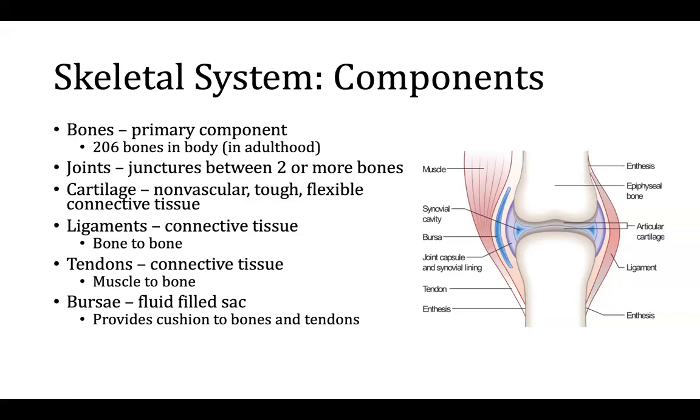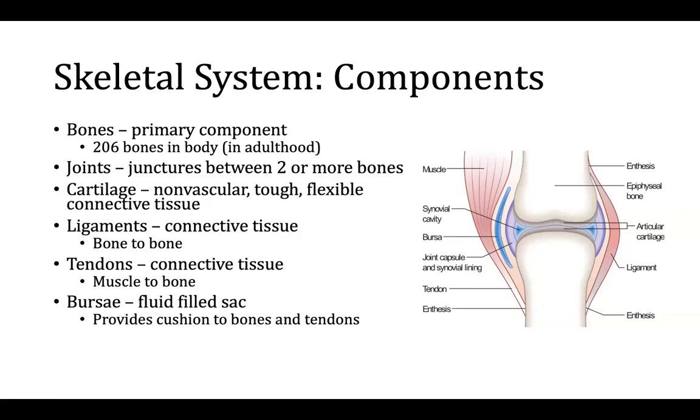Between the two bones meeting at that joint, there is cartilage, which is connective tissue used to lubricate and protect the bone from rubbing against another bone, which would be really painful. So we need that cartilage to help with movement, to help with preventing any pain or injury. And then we also have ligaments, which connect tissue to bone or connect bone to bone, and tendons, which connect muscle to bone.